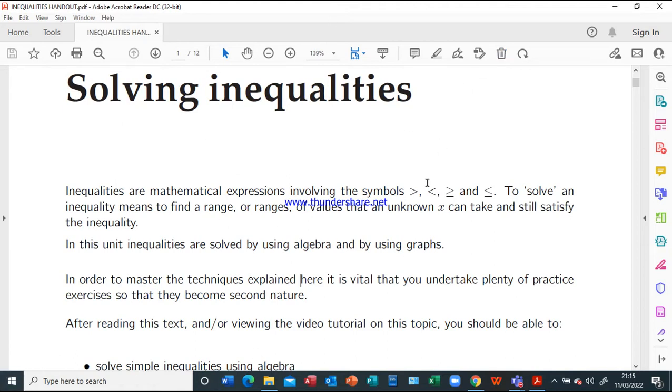So inequalities deal with symbols. The symbols of inequalities are here. As I said, I'm going to just do a highlight so that you can see. It deals with greater than. So I'm highlighting this. Are you seeing what I have highlighted? Yes, we are seeing. Great. So inequalities deal with symbols which are greater than, less than, greater than or equal to.